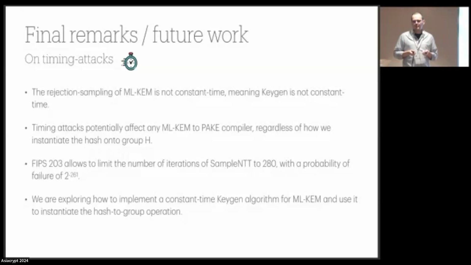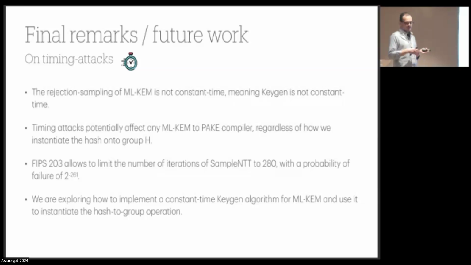So one important question that we had, and I have been receiving a few comments on this, is that rejection sampling normally is not constant time, and this might be problematic. This is exactly the same problem that we had with Dragonblood.